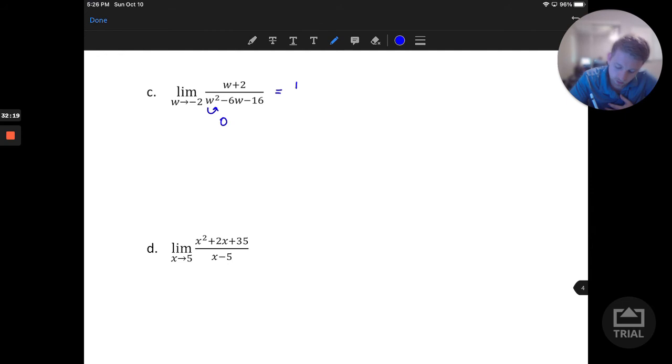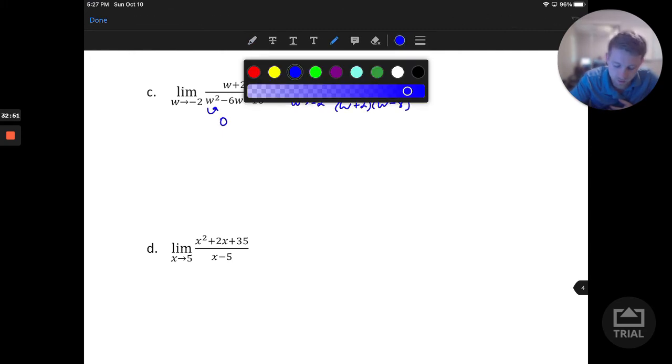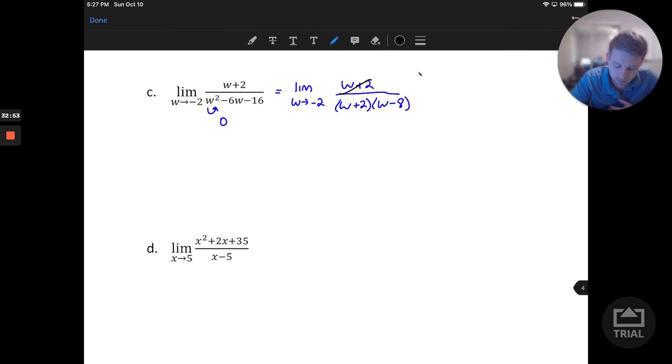So here I can rewrite my limit as w goes to negative 2. We have w plus 2, and then divide by, if I consider factoring the denominator, looks like I'll have w plus 2 as one factor, and w minus 8 as another factor. So again, as long as we're keeping with this limit form, we can cancel those factors out and complete this process.